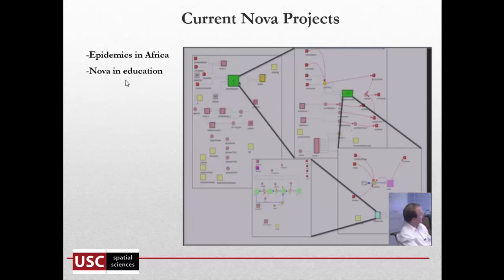And Nova is also being used in education at prestigious universities such as Stanford and Berkeley to teach modeling, because it has several different modeling methods that can be broken down into simple graphical components and code snippets.